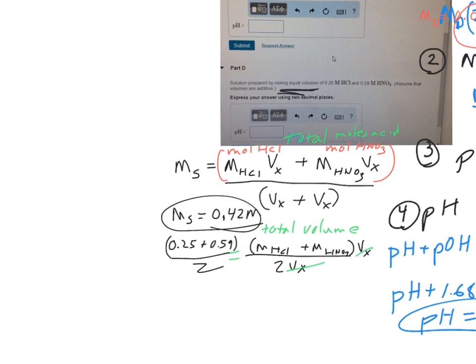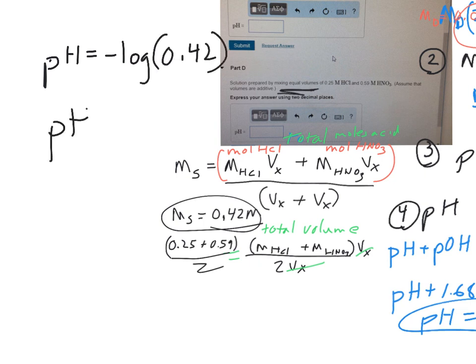And since they're both strong acids, to get my pH, it's simply going to be the negative log of 0.42, which is going to be a really low pH.